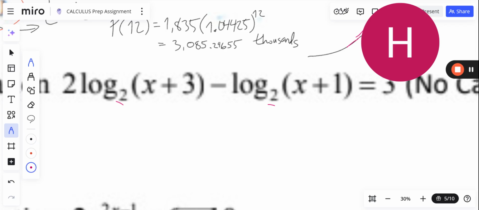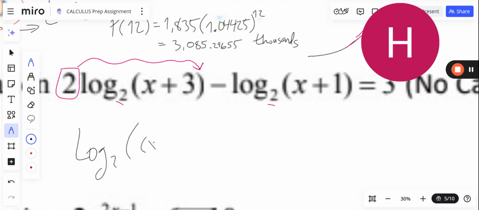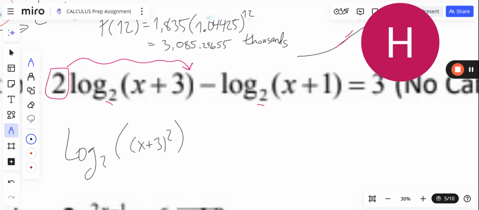First, we're going to use the power property of logarithms, which says a number in front of the log is the same thing as putting that number as the exponent of the argument inside the log. So the 2 is a power now on the x plus 3.